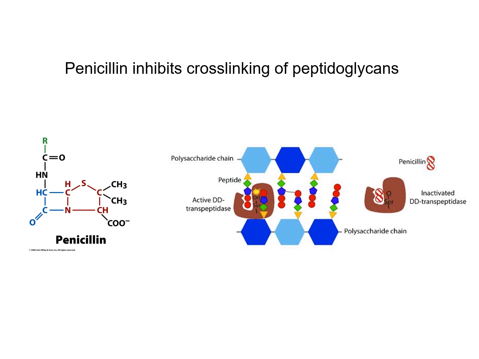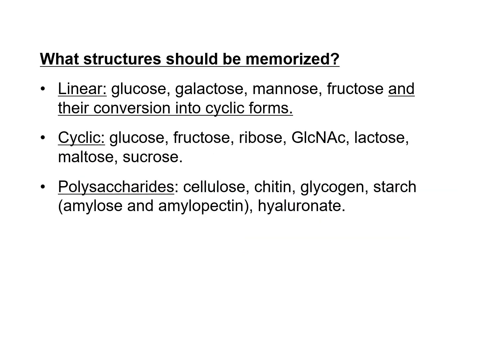And DD transpeptidase is a critical enzyme to make the cross-linking between the tetrapeptides or the peptide chains of the peptidoglycans to make these rigid structures. So without an active DD transpeptidase, no cross-linking happens, so the cell wall is going to be degraded.